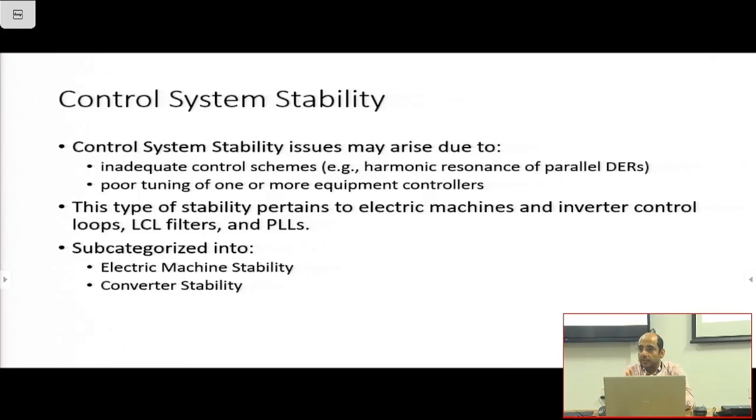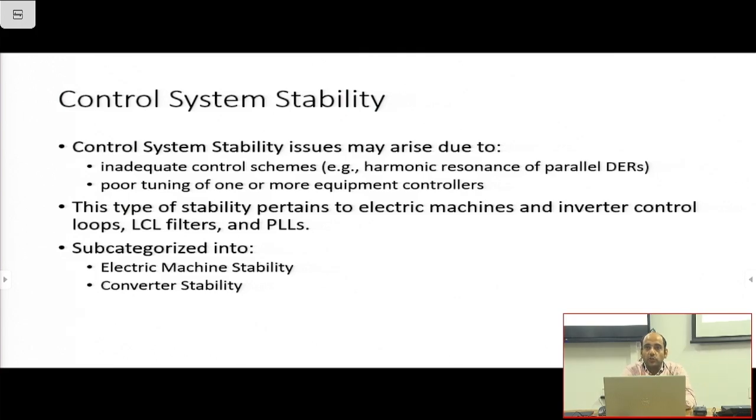So this, as I told, is like a classical power system stability, which is the frequency and voltage stability. In a microgrid, what is more important is the control system stability. Okay, so the control system stability may arise due to inadequate control schemes, and that is important.